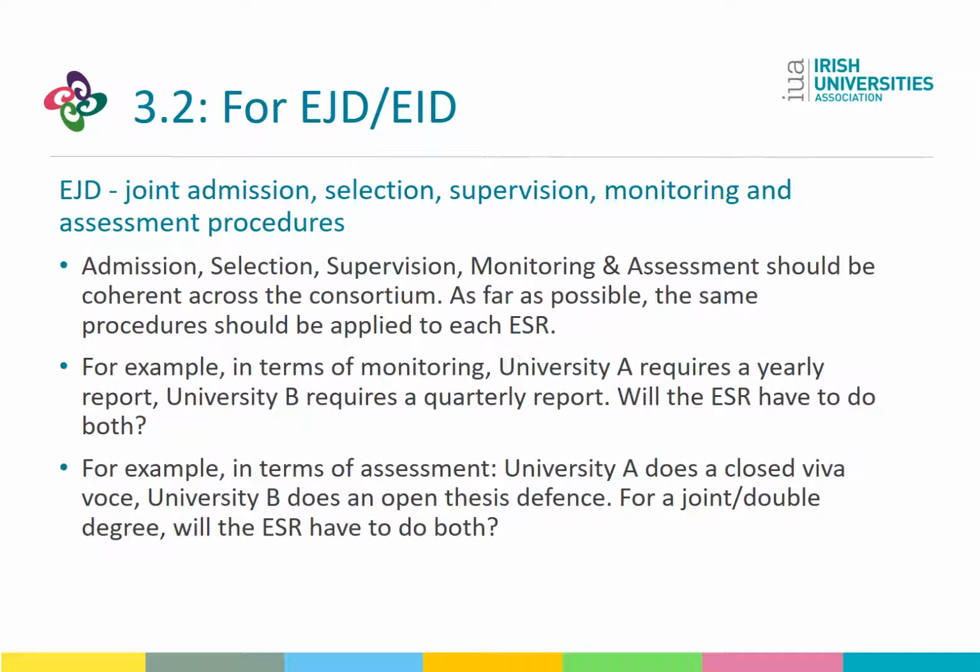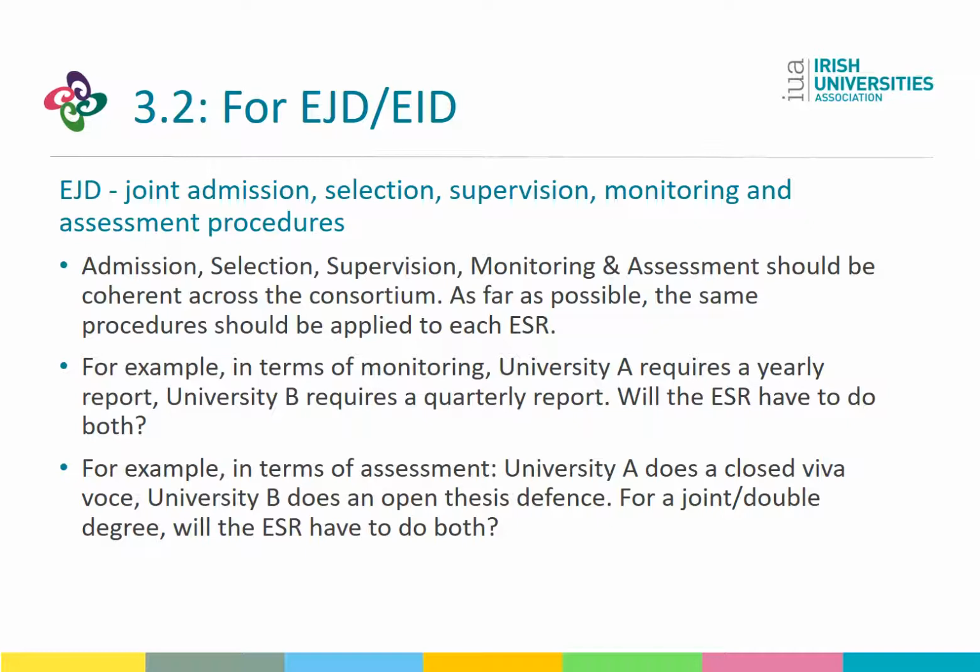Still more for EJD and EID. Admission, selection, supervision, monitoring, and assessment should be coherent across the consortium because they should be a joint process. As far as possible, the same procedures should be applied to each ESR.